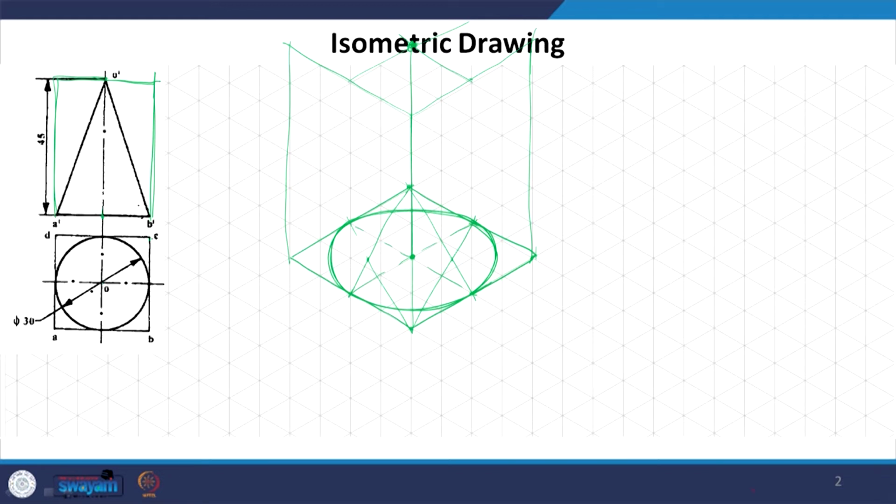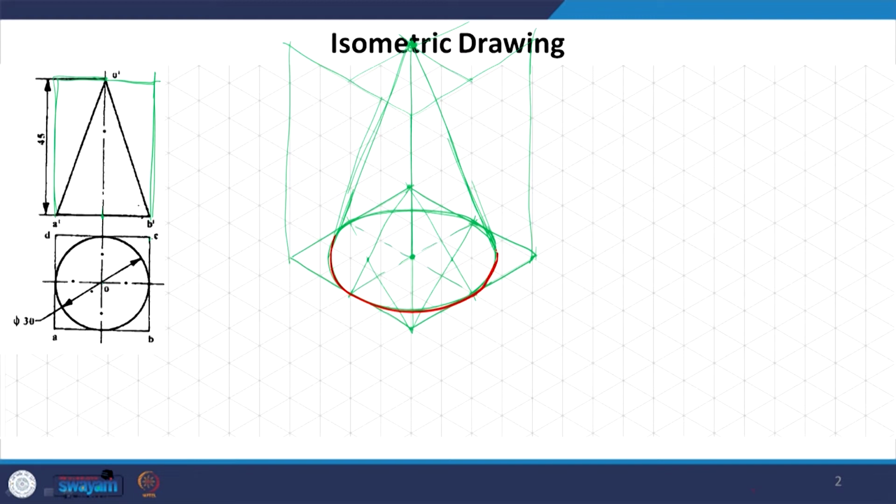Now, we will join this point with this curve in such a way that the portion behind this line, the curve behind this line, is not visible. That is how we will join it, which is exactly how we had been doing when we were doing the orthographic projections. So, let me now finalize it for you. So, what we have is this.